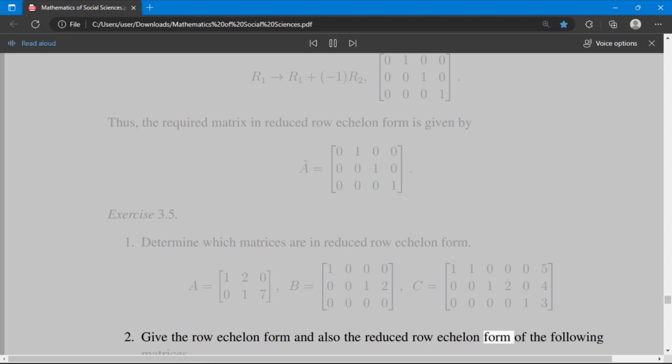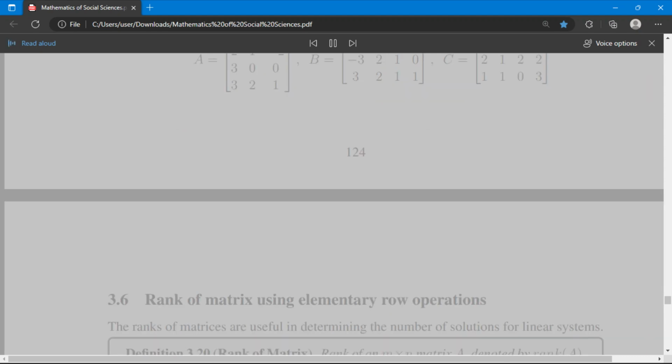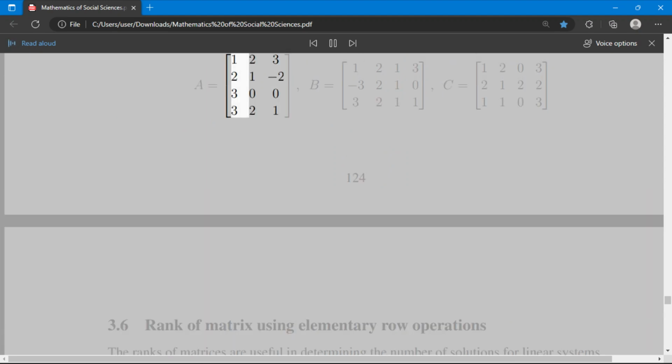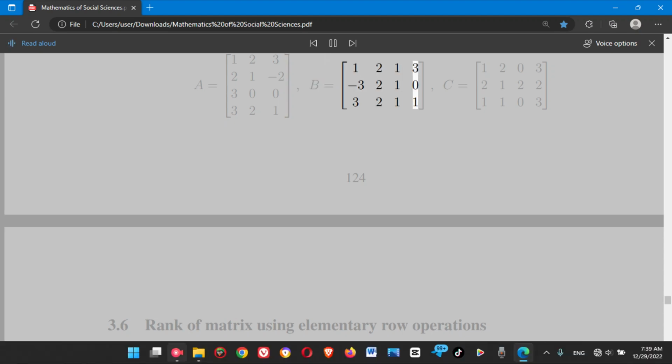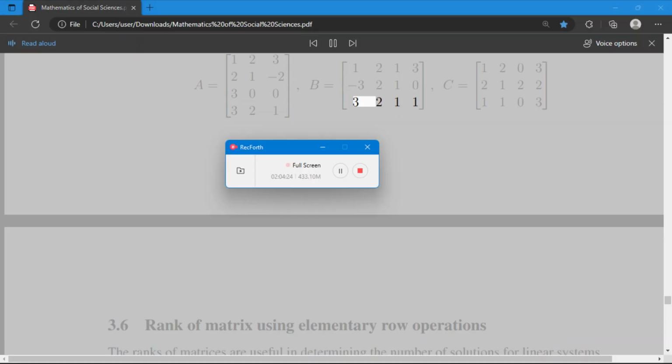Give the row echelon form and also the reduced row echelon form of the following matrices. A equals 1 2 3 2 1 2 3 0 0 3 2 1. B equals 1 2 1 3 3 2 1 0 3.